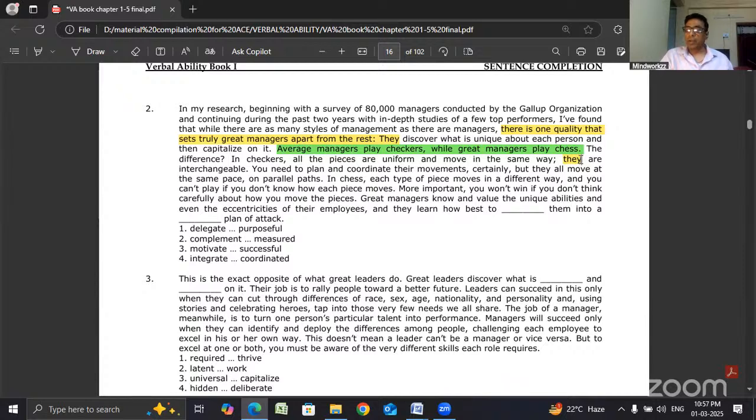They comes for, yes, others. I want answers from all of you. They comes for what? Pieces in checkers, yes. Now, keeping track of pronouns does not only mean pieces in checkers.